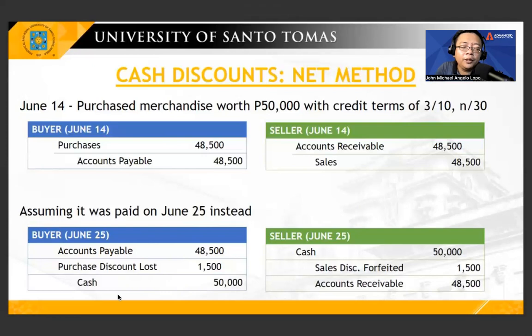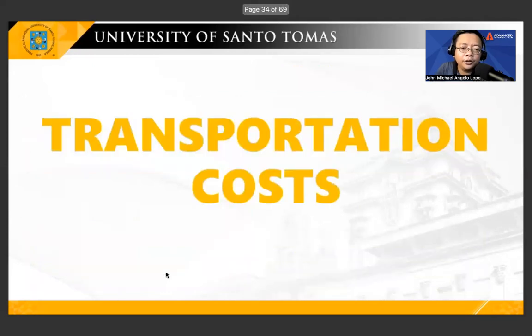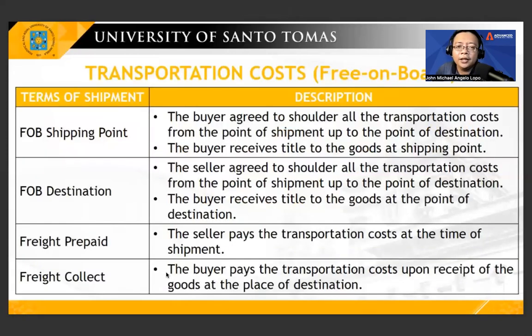So, ito naman, how about naman transportation costs? Ito naman ang tinatawag na free on board. Alam niyo yun, mga Lazada, Shopee, di ba? Sino ba nagbabayad ng shipping? Okay? So, ano ba ibig sabihin ng FOB shipping point?